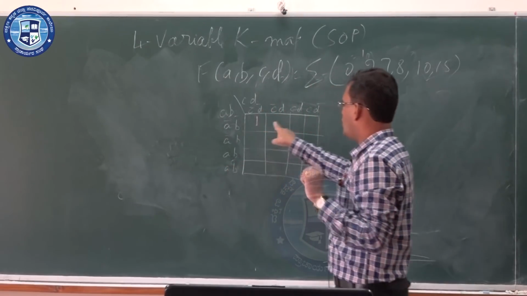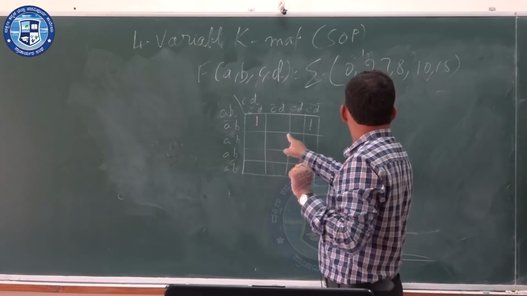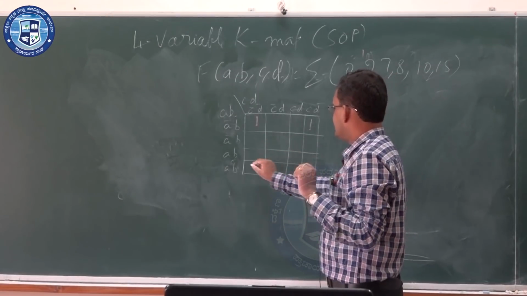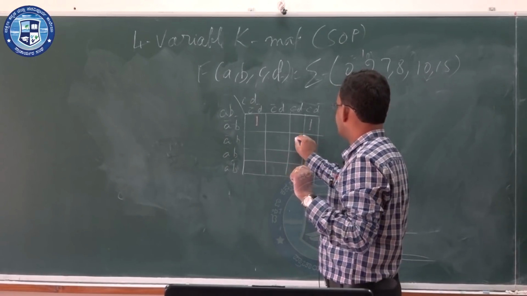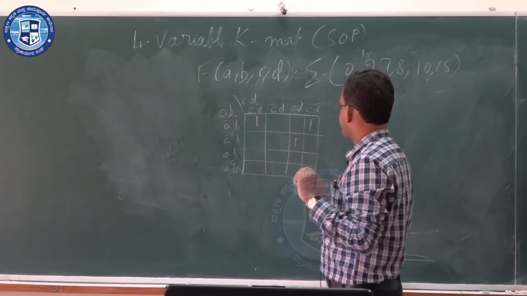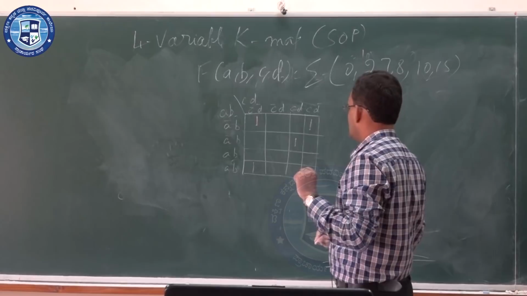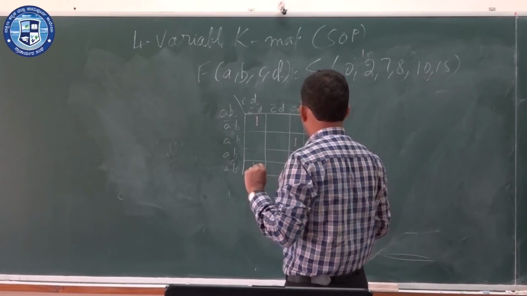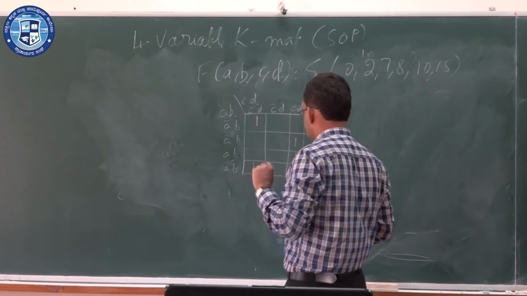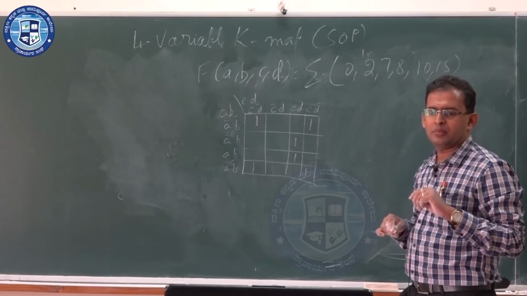Then 1, 2, nothing is there in 3, 4, then 5, 6, 7 here, 8, 9 is not there, 10, then we have 15. So, this is the given K map.